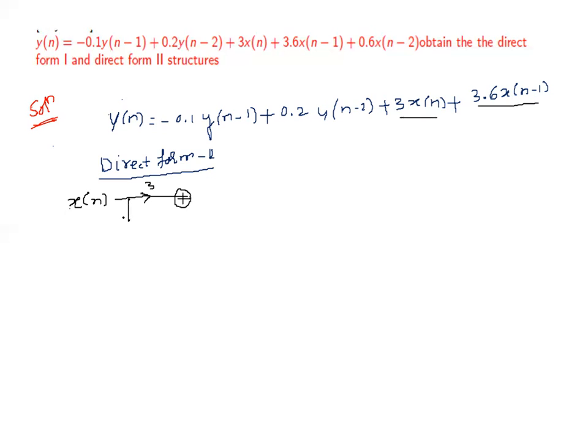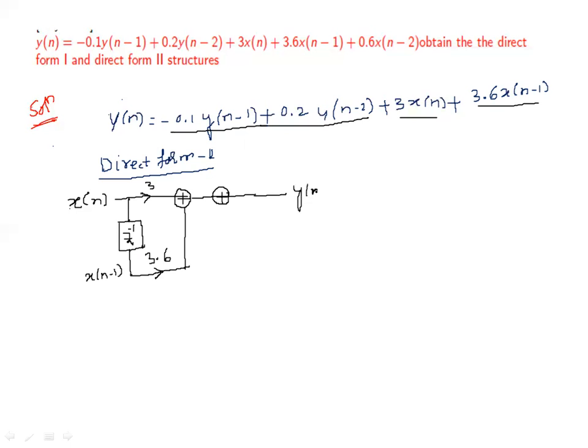If I pass this x of n through a delay element, which we call Z inverse, we'll get x of n minus 1 at this point, and then I add this with the multiplier 3.6. So this is the first part we have added. Similarly, on the right hand side, we want to implement this now. Here we have y of n as an output function.